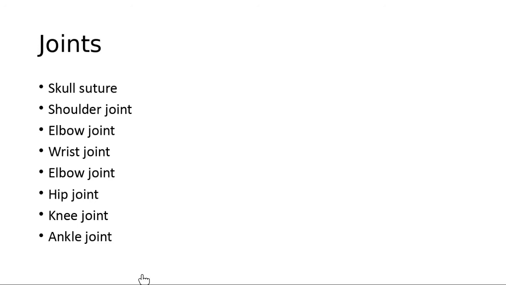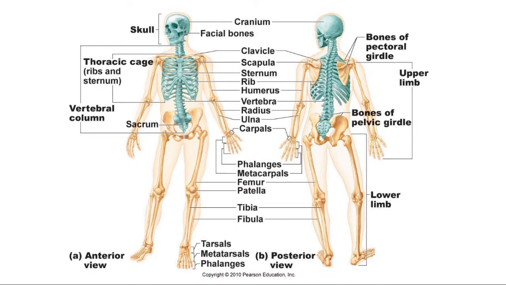What do you want in slide 18? Yeah, all these are the bones. They are the bones of the axial skeleton and the appendicular skeleton. That's all. When you see the picture and try to remember all these things, you will get confused.